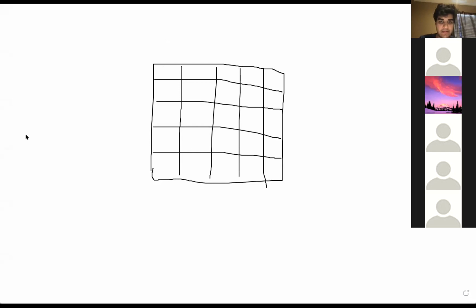They define a cow to be comfortable if it is horizontally or vertically adjacent to exactly 3 other cows. If my middle cow is the cow we're considering, I'll make it red. Then this cow would be a comfortable cow, right?